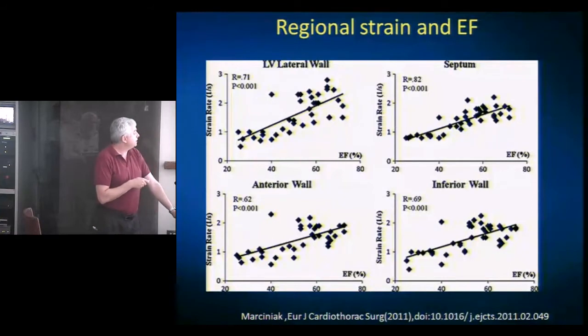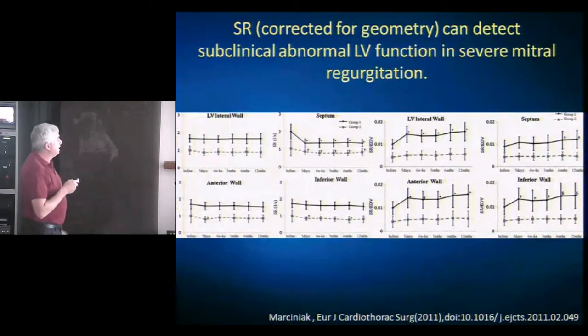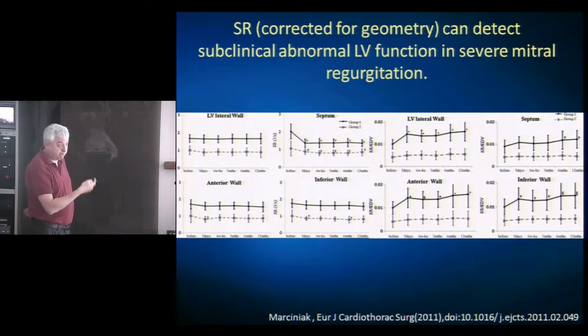Now we know that strain and strain rate will correlate with the EF, but still, if you look at their strain and strain rate before surgery and then in the 12 months of follow-up, you can look at group 2A, there's a clear differentiation where the ejection fraction had failed to find that.